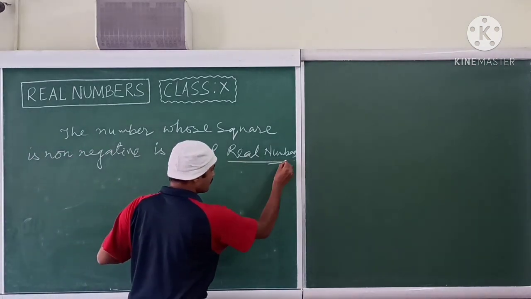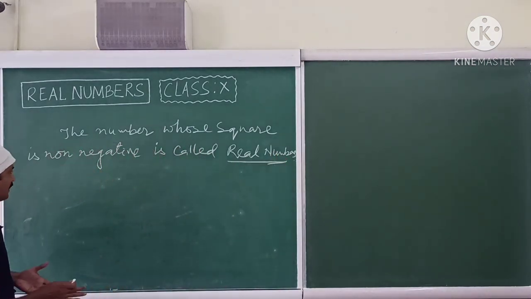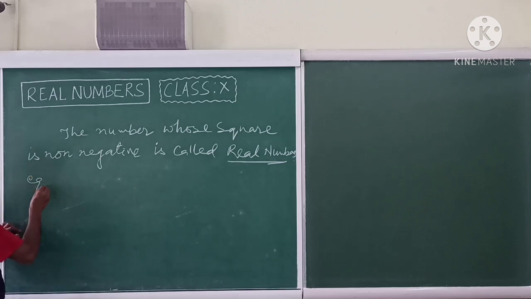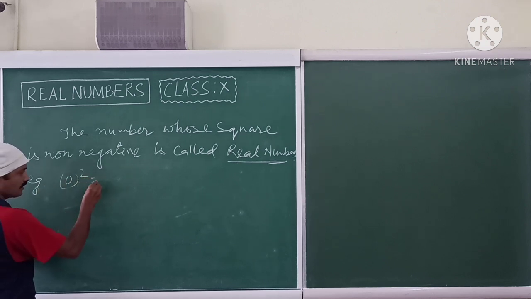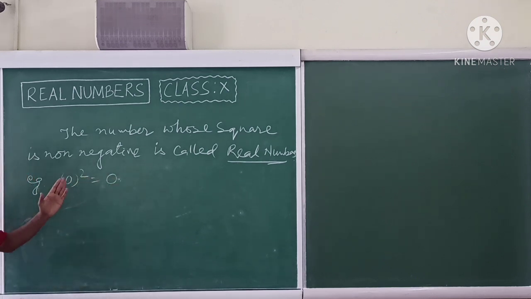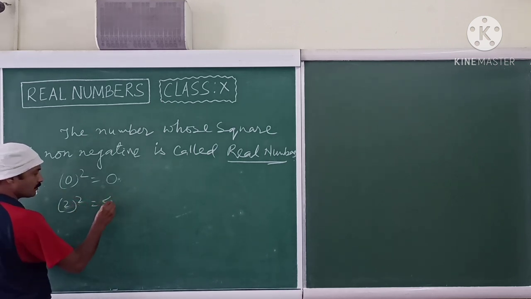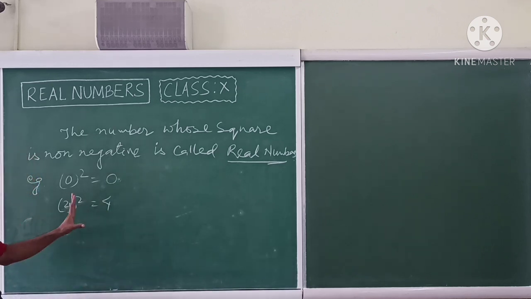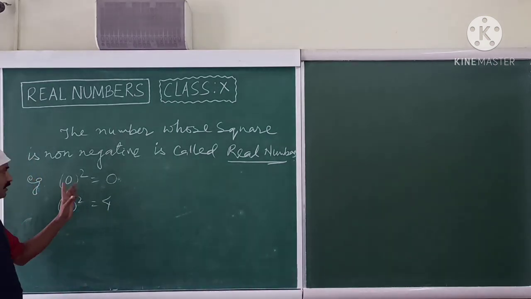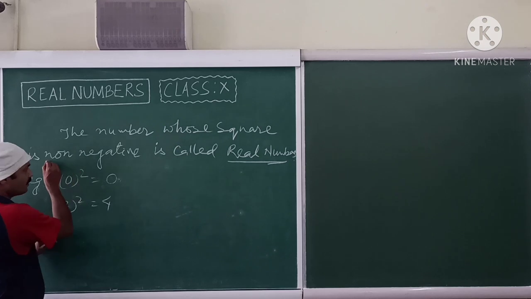Let us see different examples of real numbers. If we take 0 and square it, we get 0, so 0 is a real number. If we take 2 and square it, we get 4, which is non-negative.